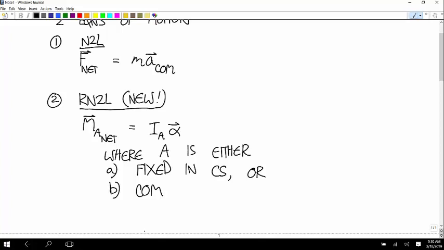But so now we only have two possibilities for where this about point is, unlike statics. The center of mass works for everything, but not everything has a fixed point. Not every body has a material point that's fixed as time goes by in the coordinate system. So if you think of like throwing a basketball through the air, there's no reason to think any point on the basketball is at rest over time compared to the coordinate system.